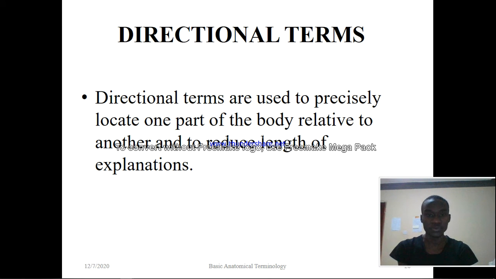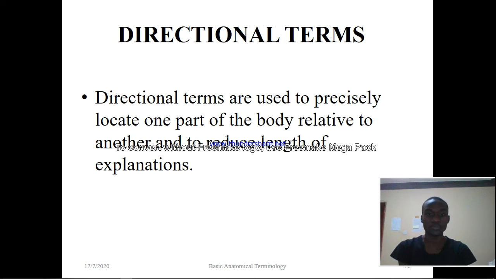These are descriptive words that are used when we are trying to precisely locate a particular body organ or body part relative to another body part.